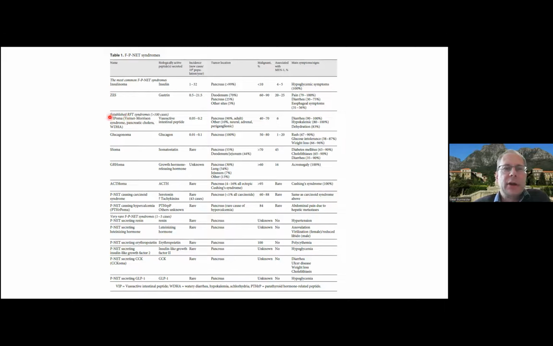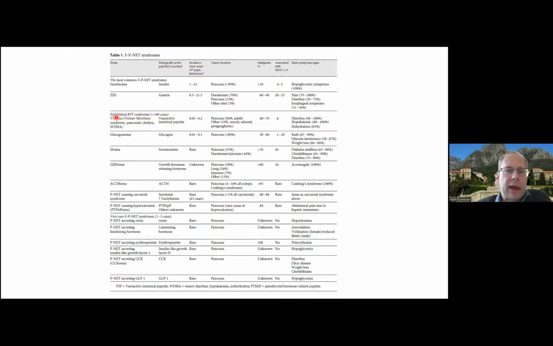Things like VIPomas, WDHA syndrome, even those, we're talking about probably 100, more or less, to a few more cases in the literature. So these are really not all that common.